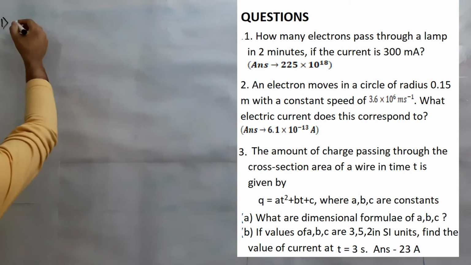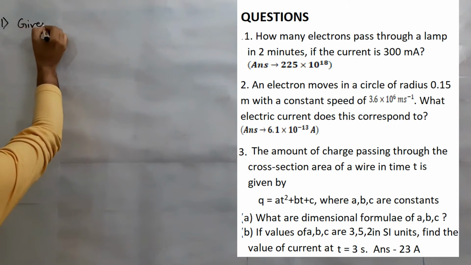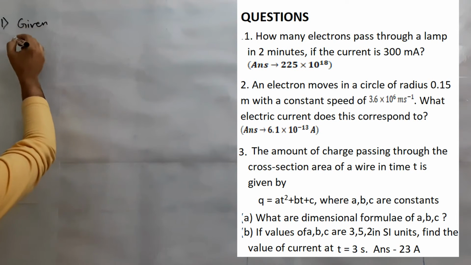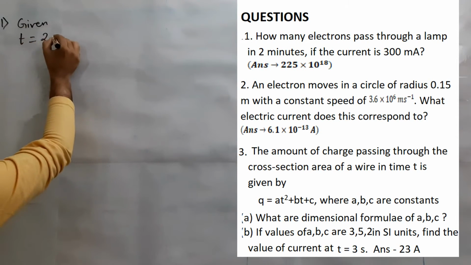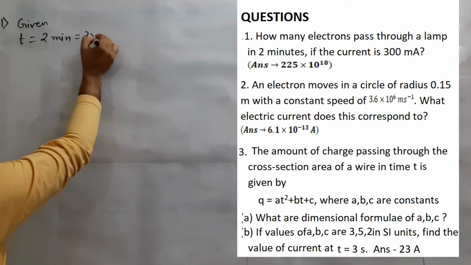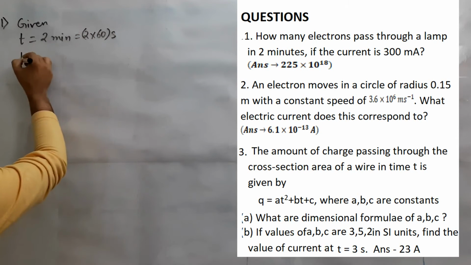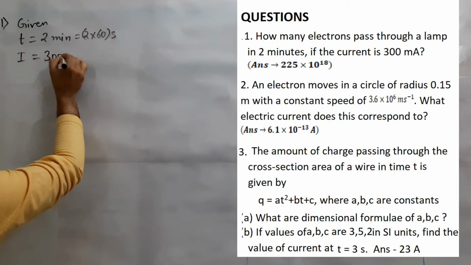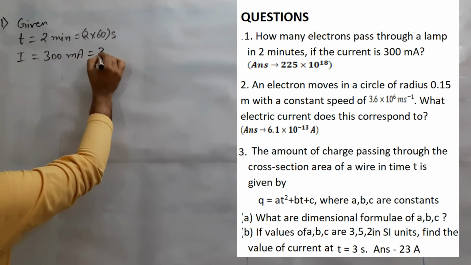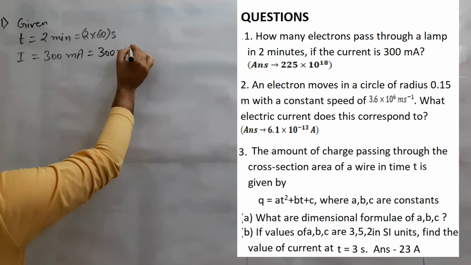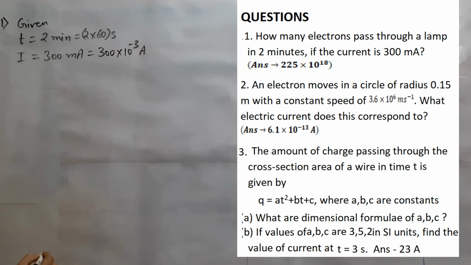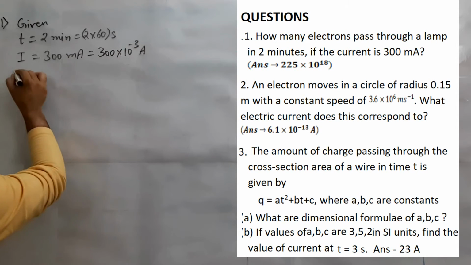If we consider the given factors, the time is 2 minutes, which can be written as 2 into 60 seconds. The current is given as 300 milliampere, which is 300 into 10 to the power minus 3 ampere, and we have to find the number of electrons.